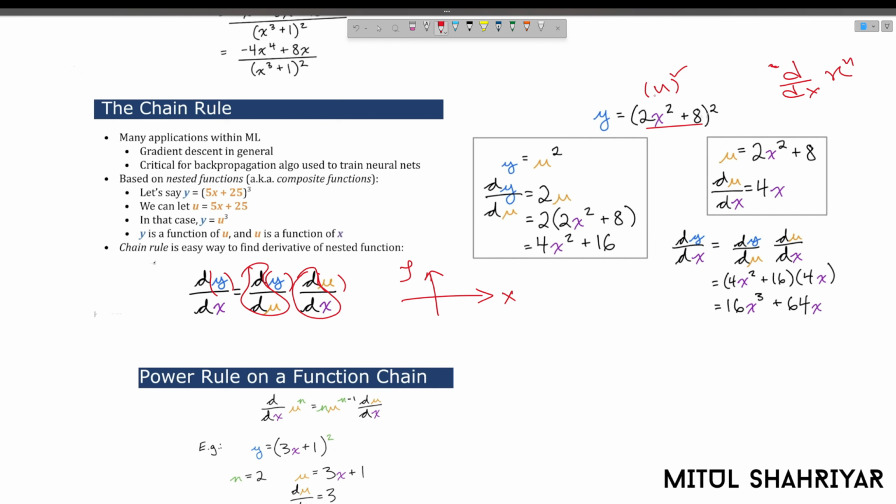Interestingly, once we created something like u squared, there's no problem. Now you can again see an interesting factor: when these things did match, when d/dx of x to the power n were the same, then we were able to get n x to the power n minus 1.